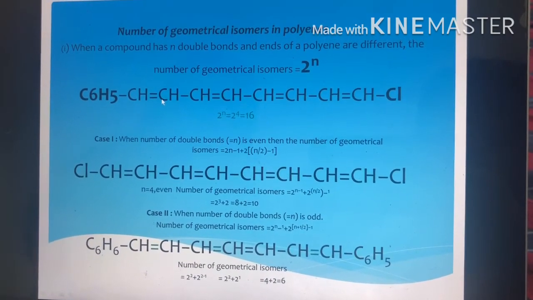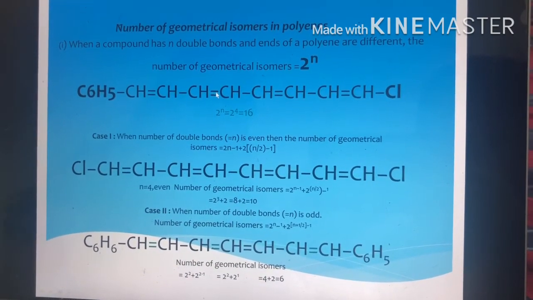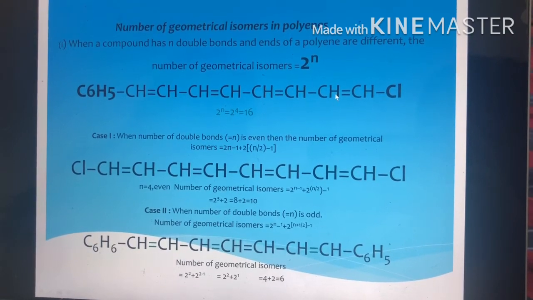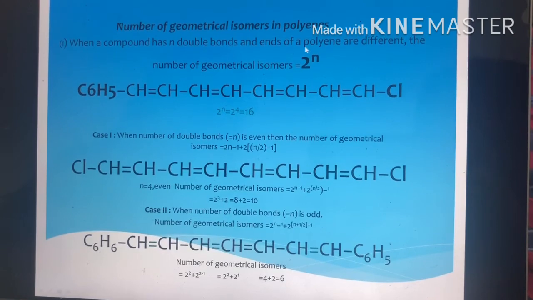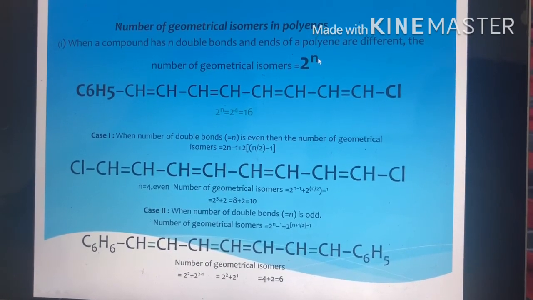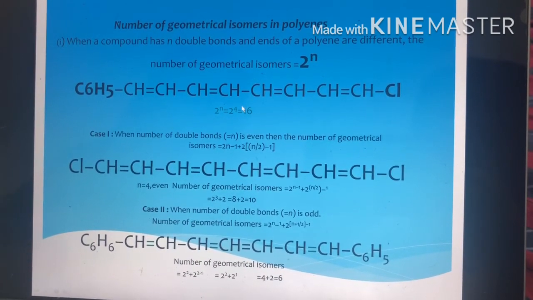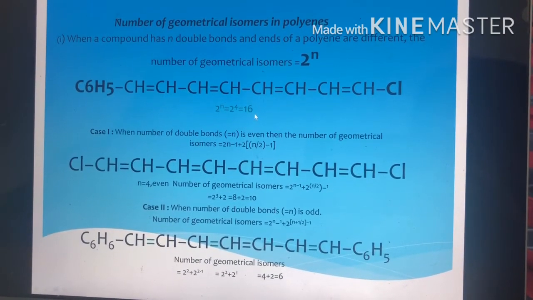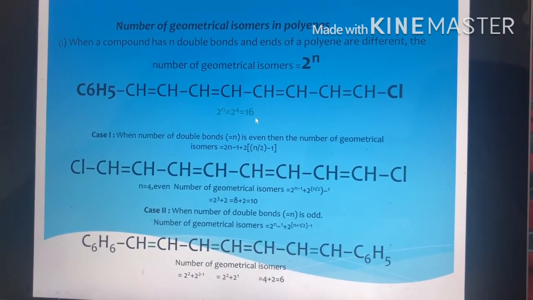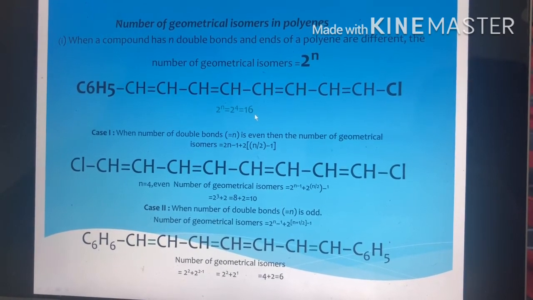Now look here, how many double bonds are there? 1, 2, 3, 4. It has 4 double bonds, and if the alkene has two different ends, the formula we are going to apply is 2 raised to the power n. So 2 raised to the power 4 gives 16. That means this compound will show 16 isomers.